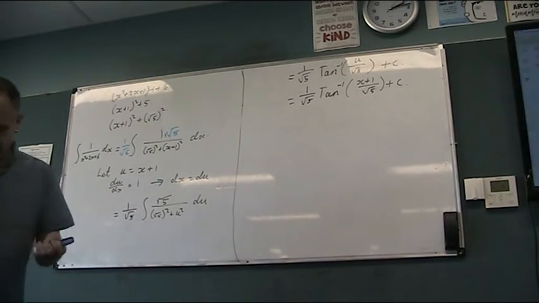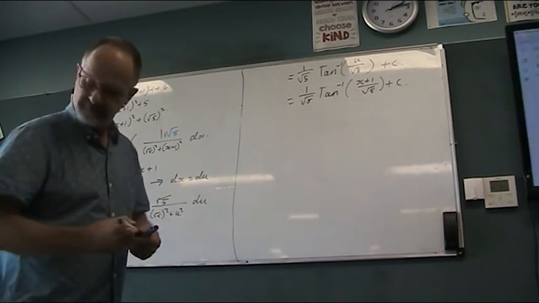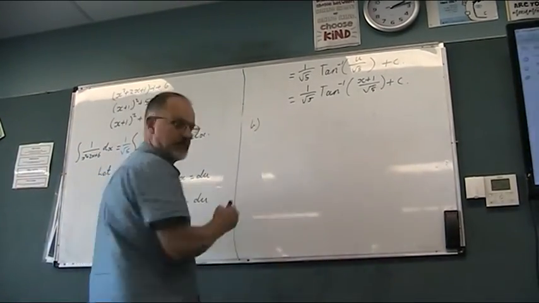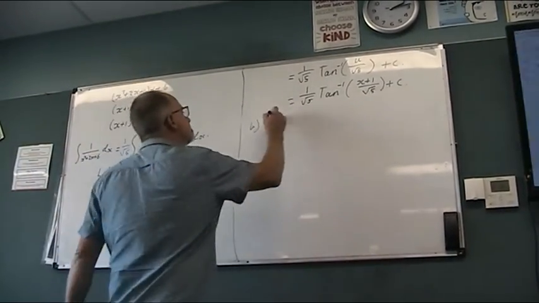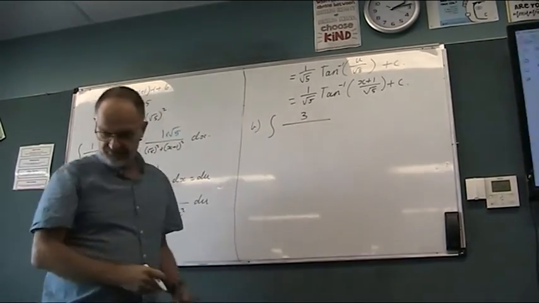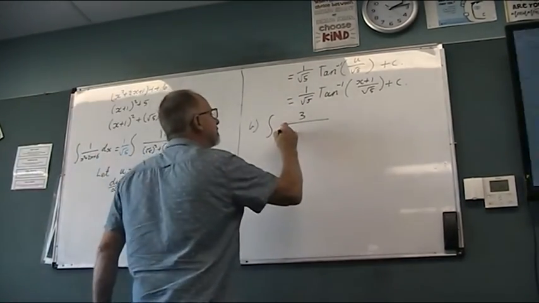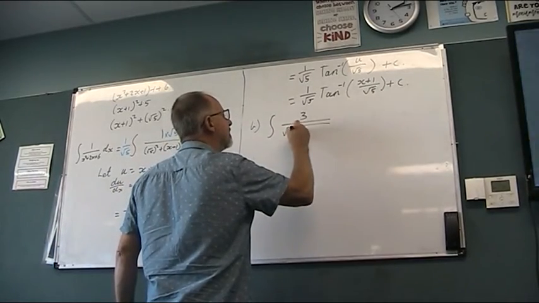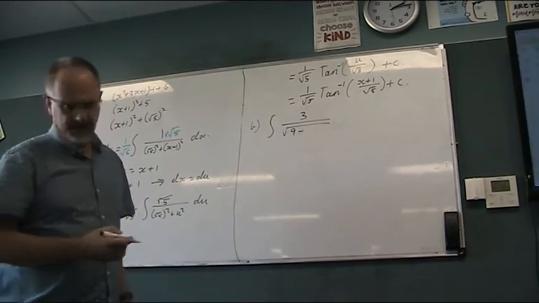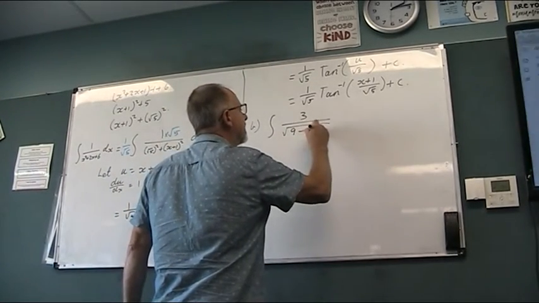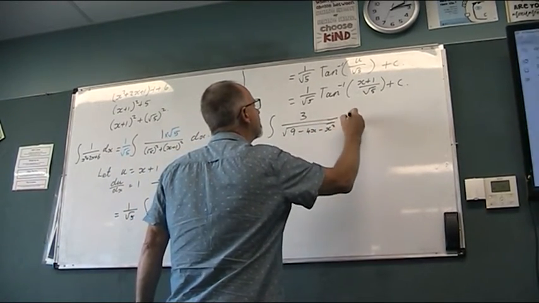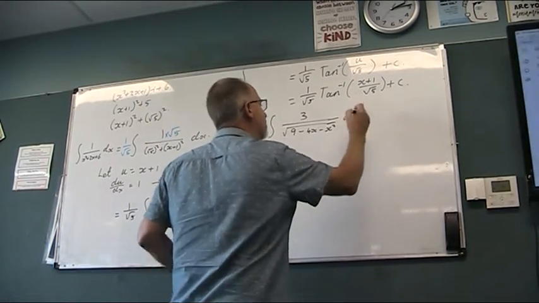All right, so the other one on this one is this. We want to find the antiderivative of, this one's got a 3 on the top, and the bottom it's got root 9 minus 4x minus x squared, dx is what we're after.